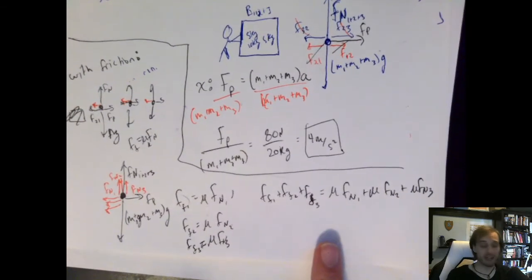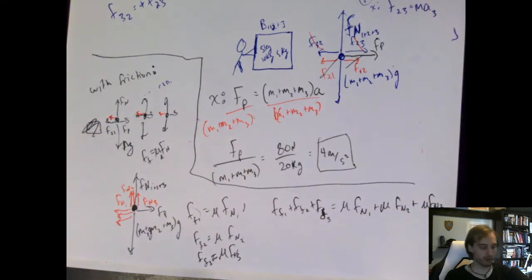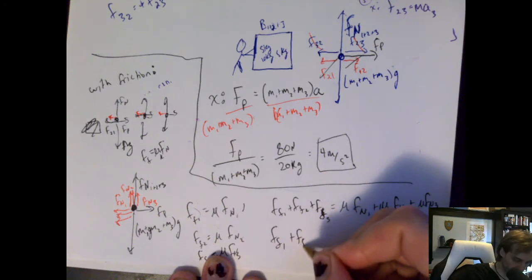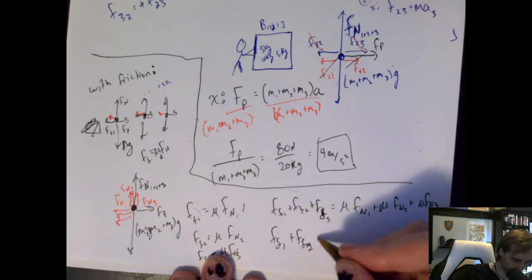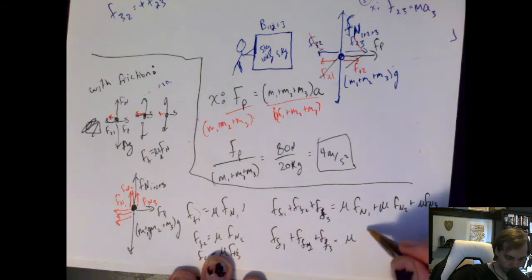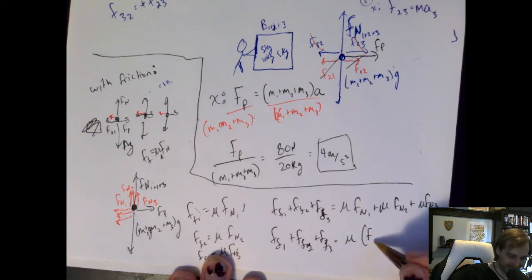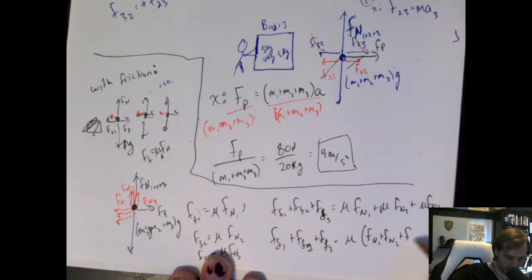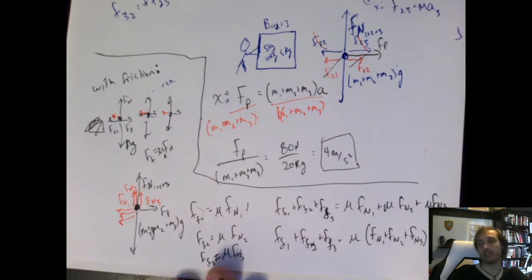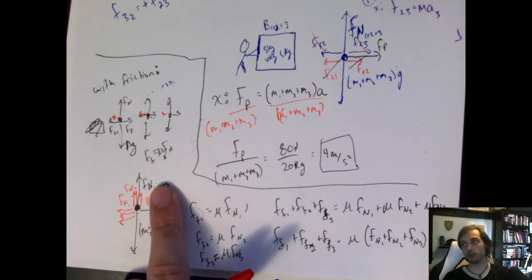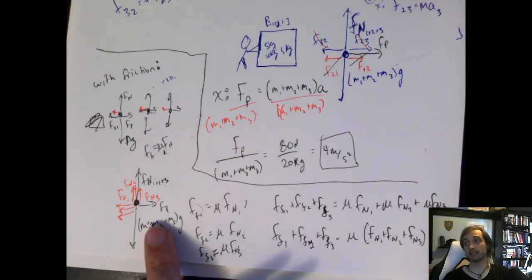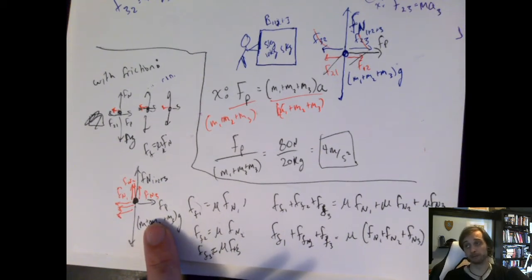What's interesting about this is that if I factor out mu from all three of these, we'll have actually just kind of proved that we've just got their combined normal force, which we already know based on what we were talking about earlier, is the same as if I was just thinking of one normal force from the full combined object, which has to be balanced with the gravity from the full combined object in order for it to not go through the table.